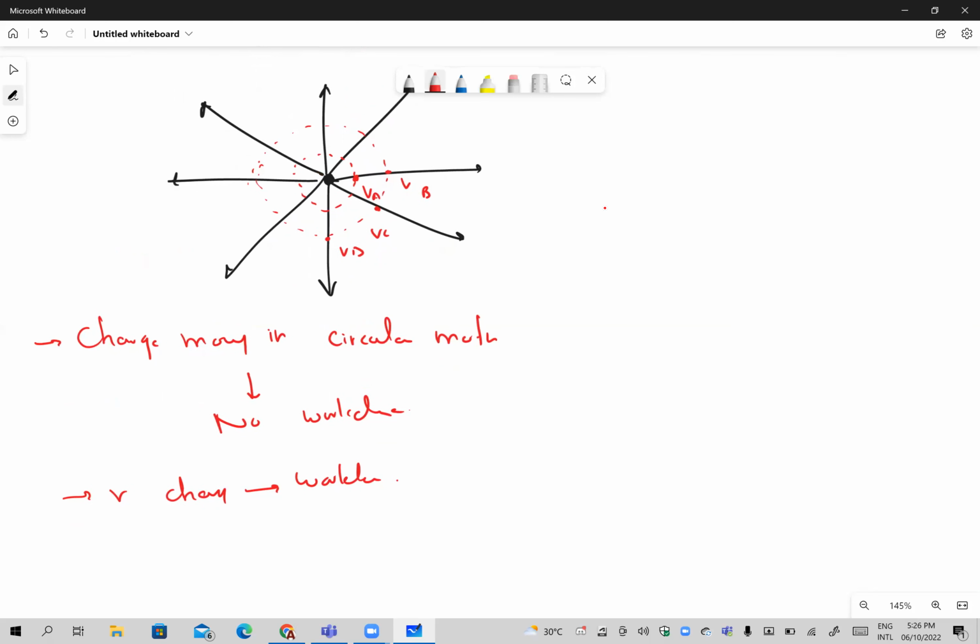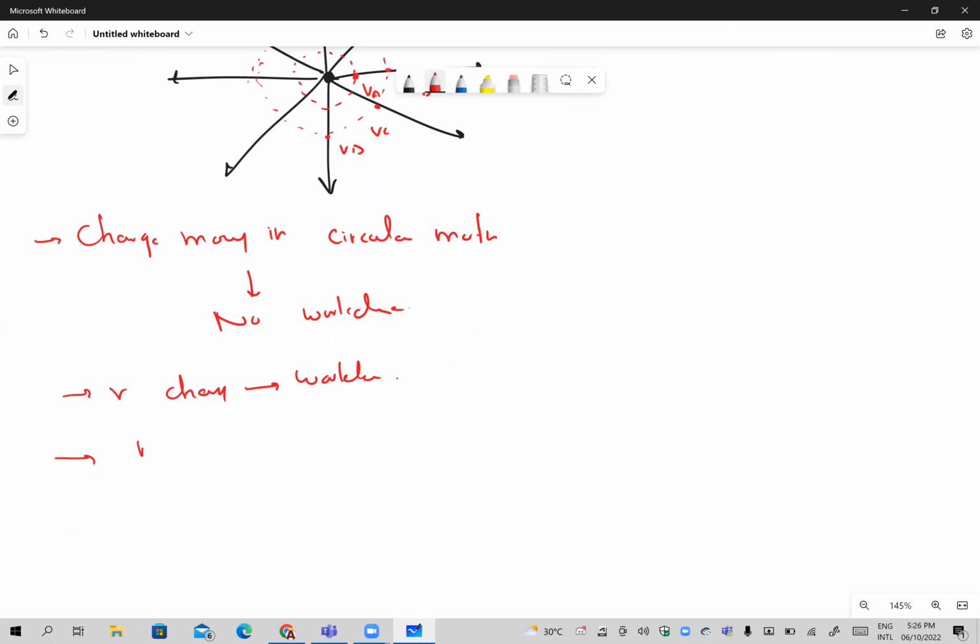So moving between two equidistant points, no work done. Why? Because, and yeah, so the consequence is that electric potential will not change.